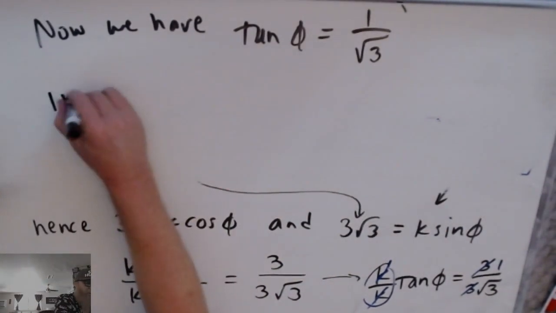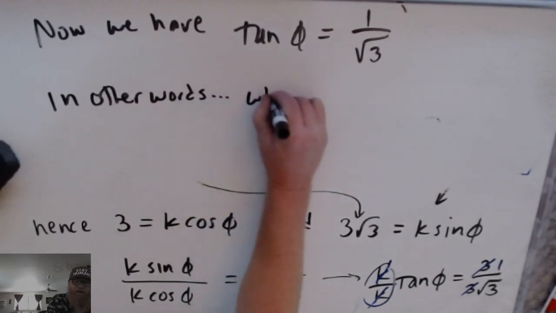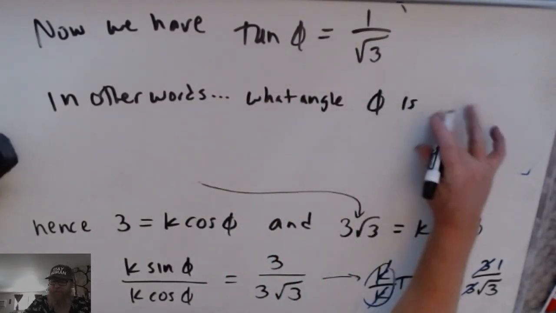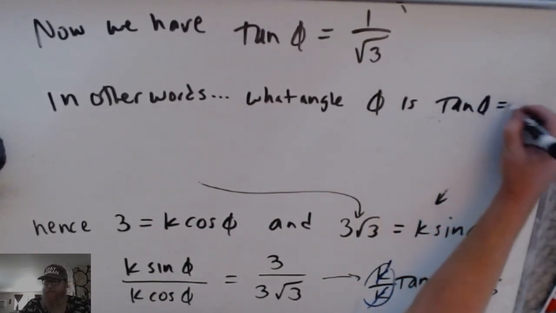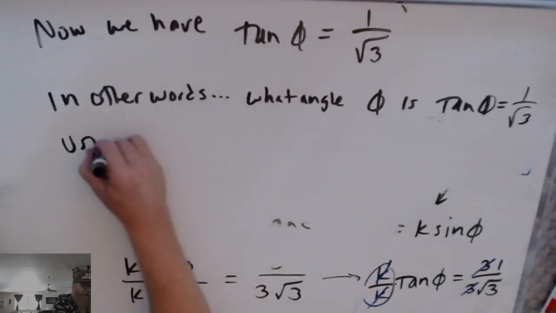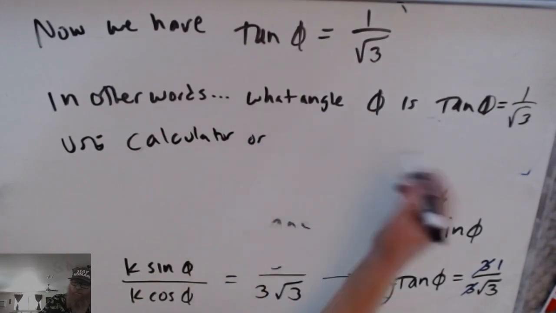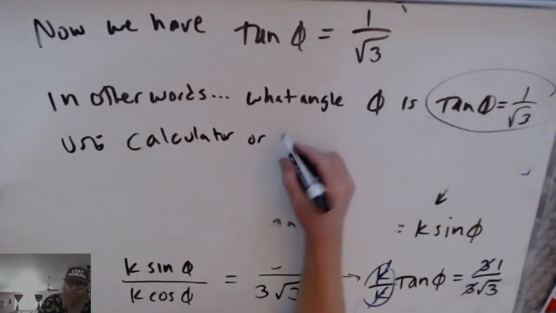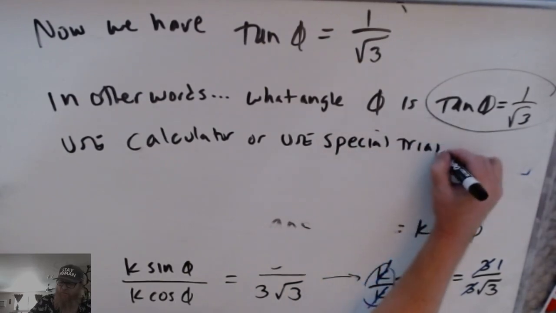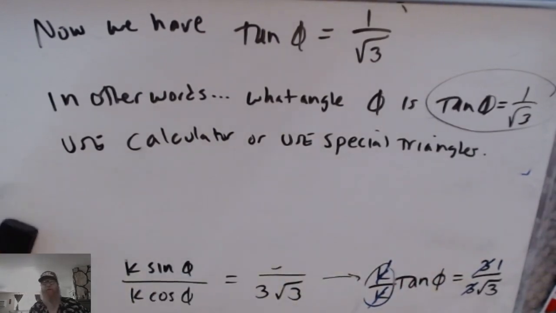So in other words, what angle phi is tangent equal to 1 over square root of 3? You can use your calculator or use special triangles, whichever you prefer.